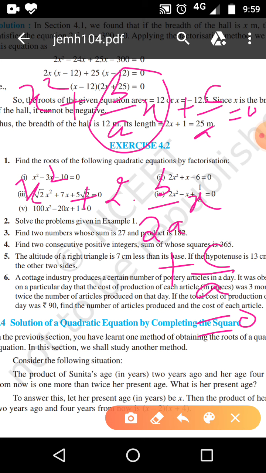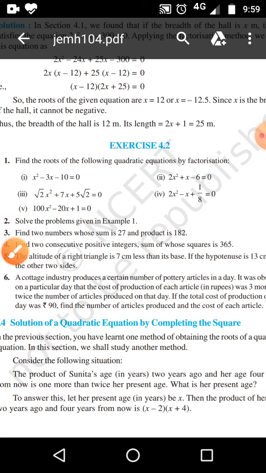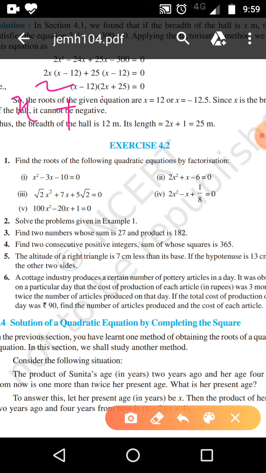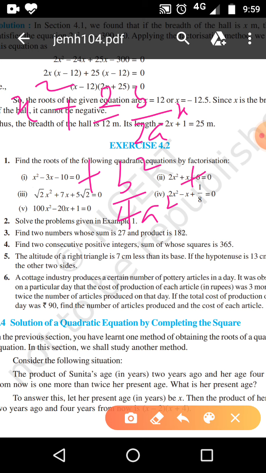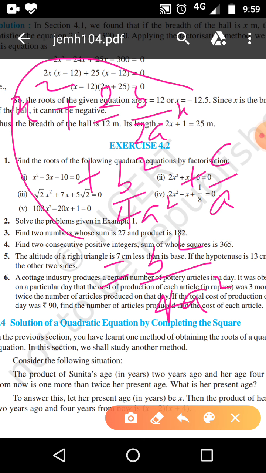x square plus 2b by 2a into x. So we shall add b by 2a whole square on both sides. We get x square plus 2 into b by 2a x plus b square upon 4a square plus c by a is equal to b square by 4a square. Okay, now next step, this whole will be x plus b by 2a whole square.